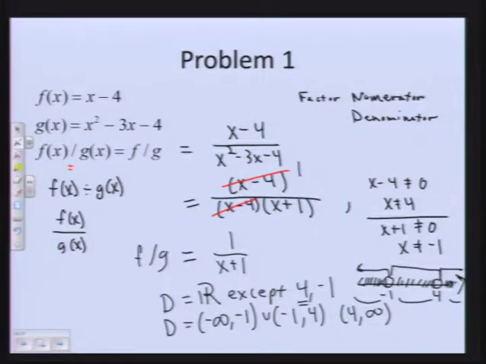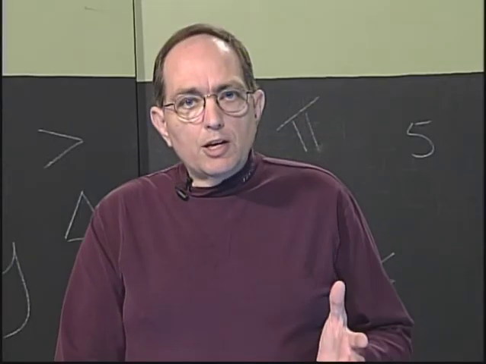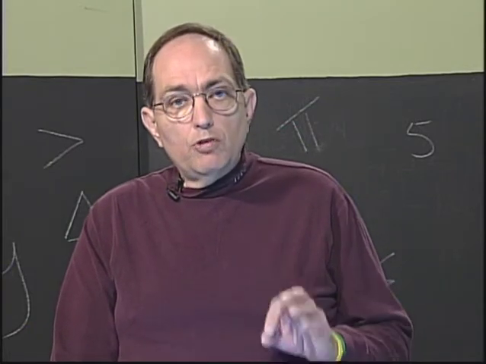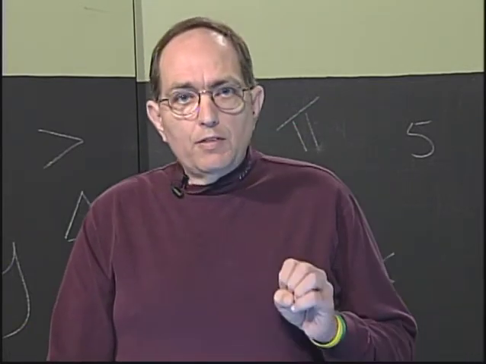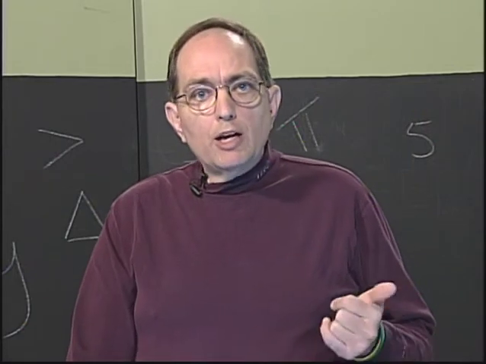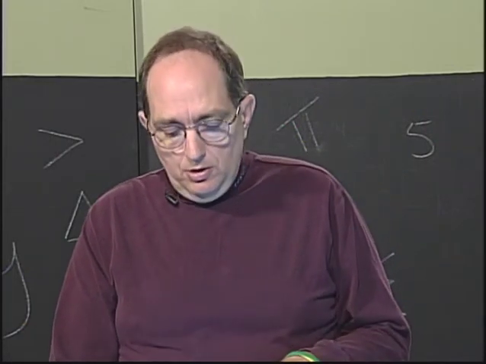We connect these with a U for union or unite, whichever way you want to think about it. So this would be the way you would learn to write the domain in interval notation. It's a little complicated. Hopefully in your text, or maybe in a lesson at some point, there will be a review of interval notation. If that's the case, then you do probably want to go back and watch it if this is something new to you.